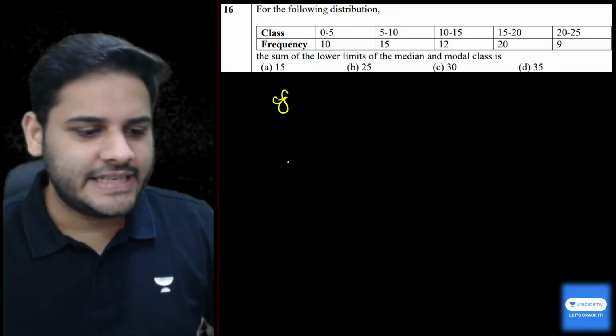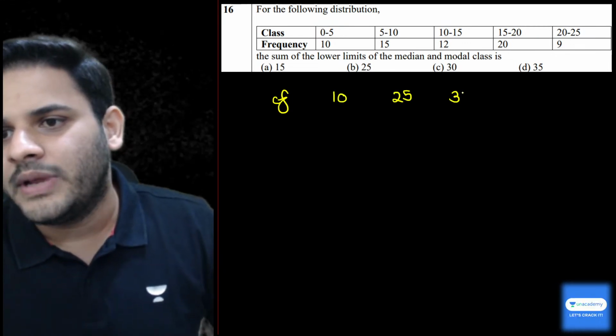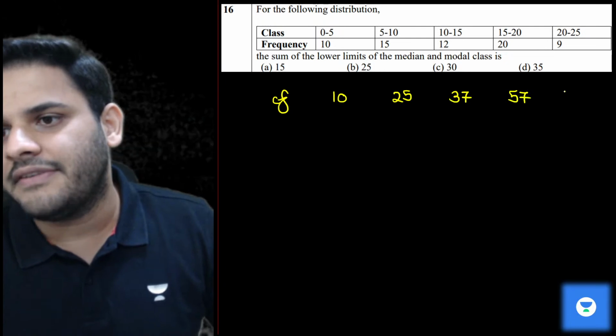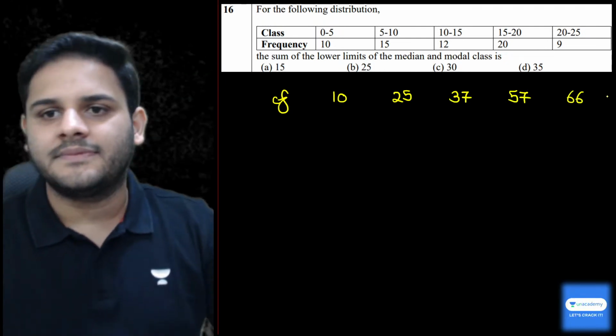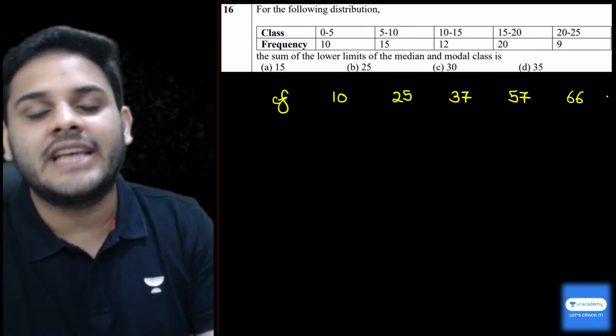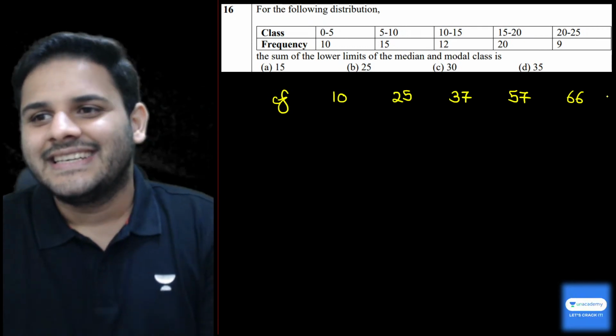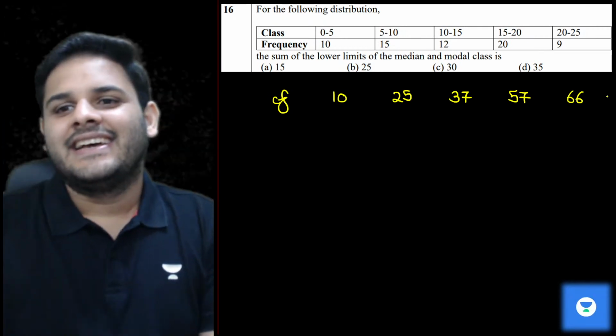Quickly just prepare the CF column. So we will have 10, we'll have 25, we'll have 37, we'll have 57 and we'll have 66. 10 plus 15, 25, 25 plus 12, 37, 37 plus 20, 57, 57 plus 9 is 66.